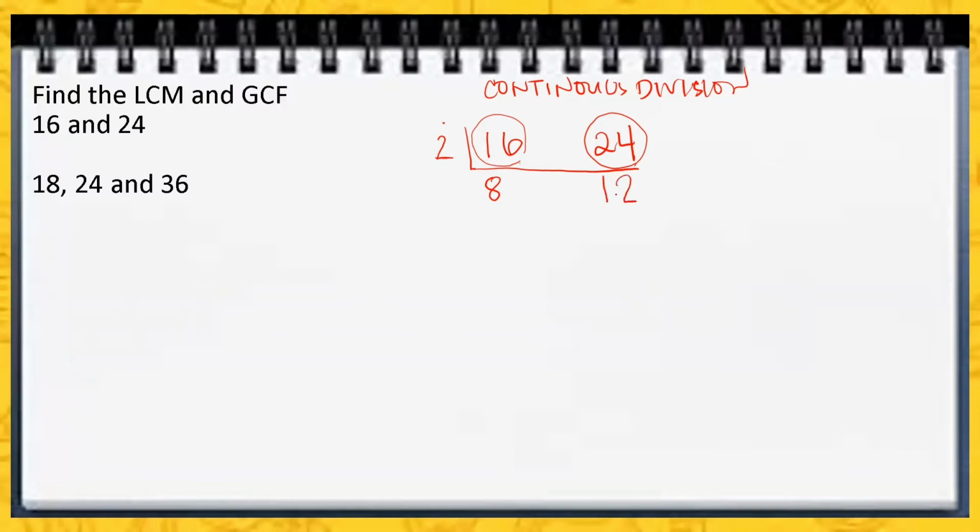And then after this, if we can divide it pa sa prime numbers natin, we will continue to divide it. Since pwede pa siyang i-divide sa prime number na 2, we will divide it. So 8 divided by 2 is 4.